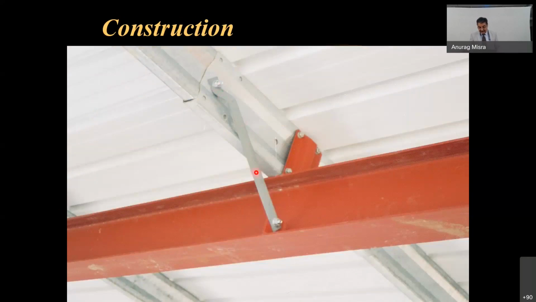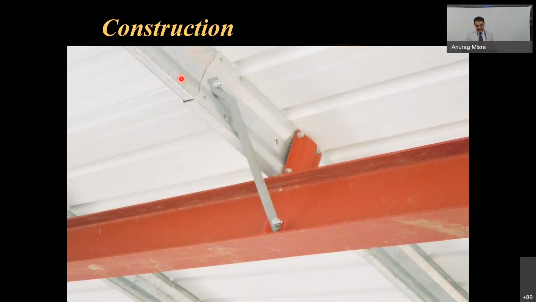Then you have certain members for keeping it on hold, to avoid buckling for these thin sheet members. So these are the intricacies involved in it, where this support is taken from the main beam, because these members, Z sections or C sections, are very thin.